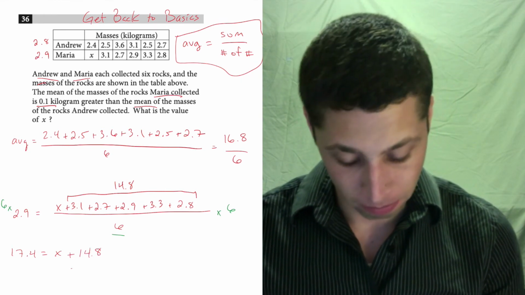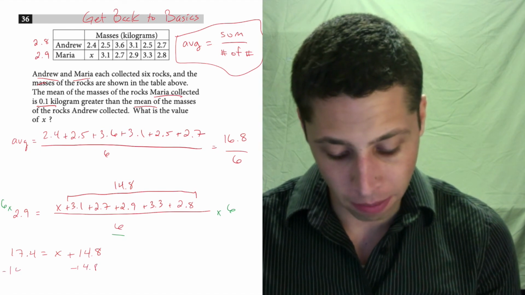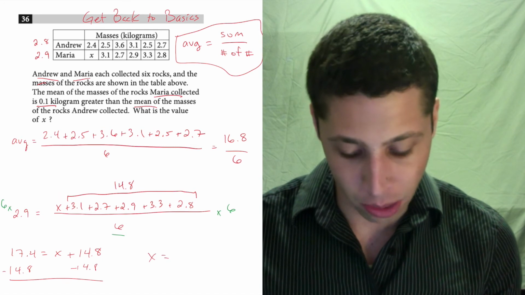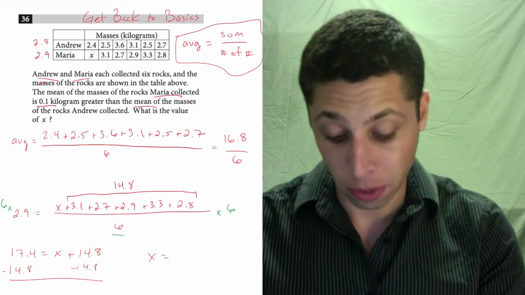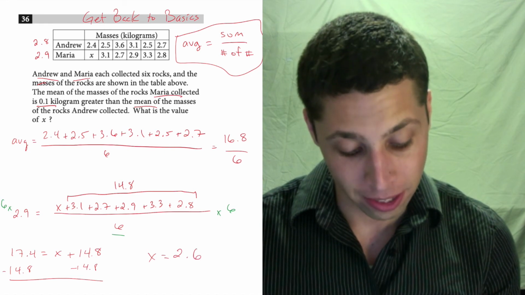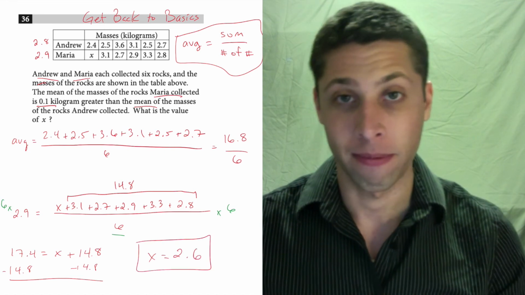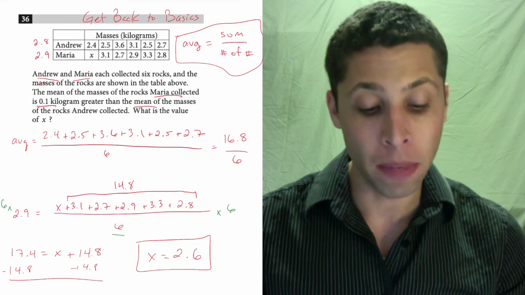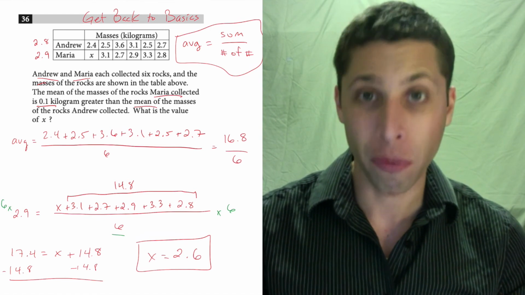That's really simple. Subtract 14.8 from both sides, and we get that x is equal to 17.4 minus 14.8, 2.6. There you go.